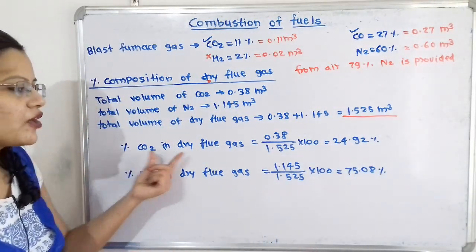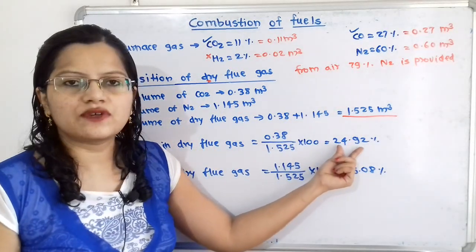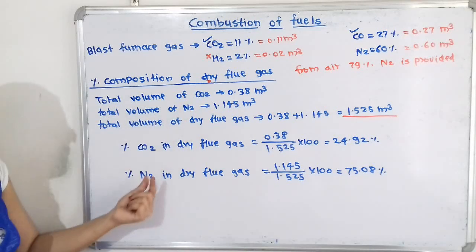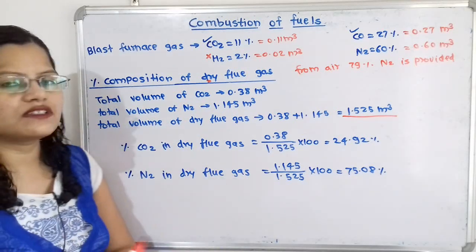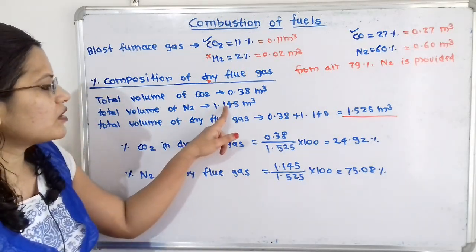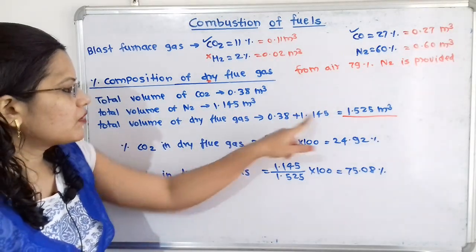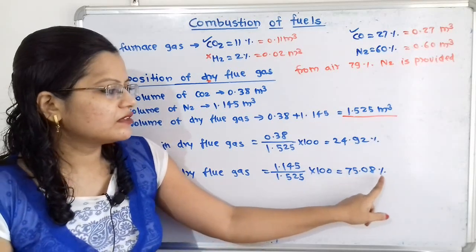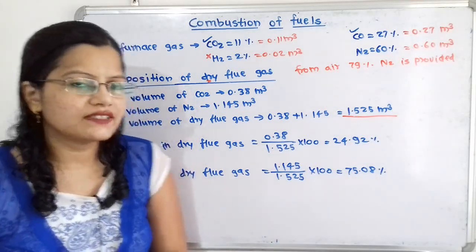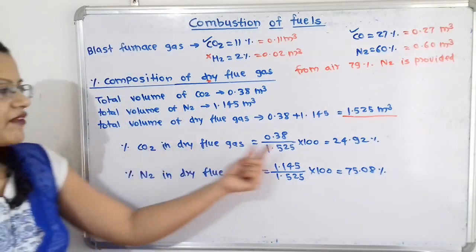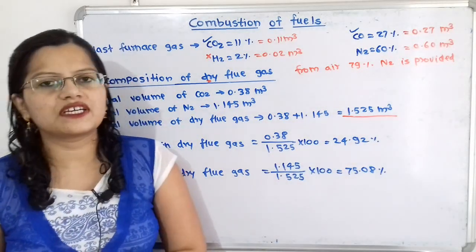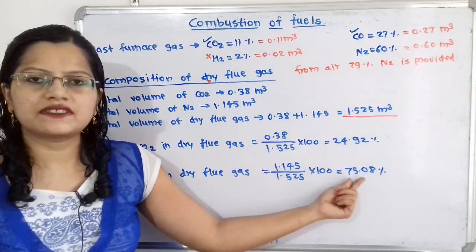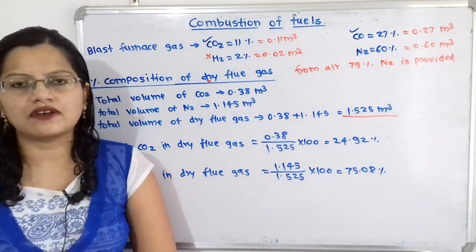That means carbon dioxide present in flue gas is 24.92%. In the same way, the percentage of nitrogen in dry flue gas is 1.145 divided by 1.525 multiplied by 100, that is 75.08%. So we can say that approximately 25% carbon dioxide and approximately 75% nitrogen is present in the flue gas.